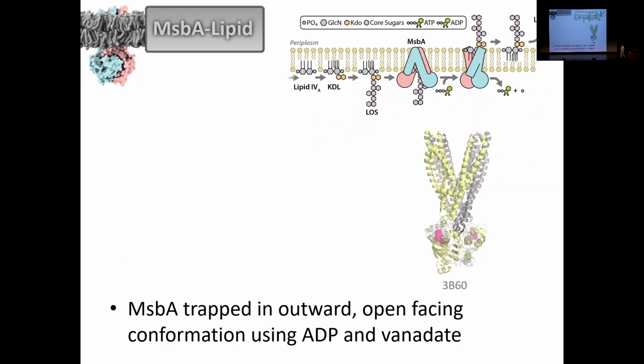We can now do another thing. I mentioned all these beautiful snapshots or structures, right? We have the ability as biochemists to actually trap particular structures, and we can do this by playing with ATP. We can actually modify ATP in a way that it cannot be hydrolyzed, that it means it can bind the transporter, but we essentially now lock it in place.